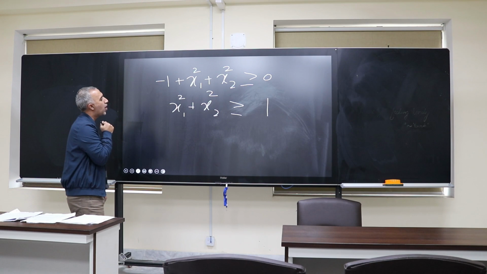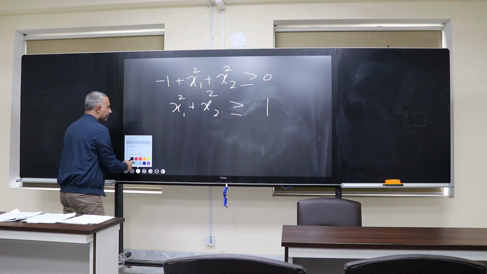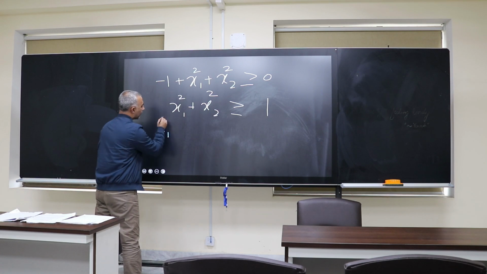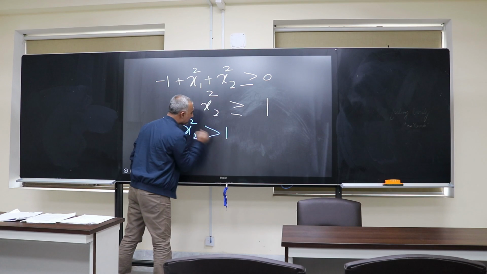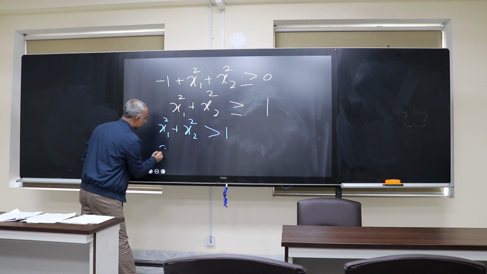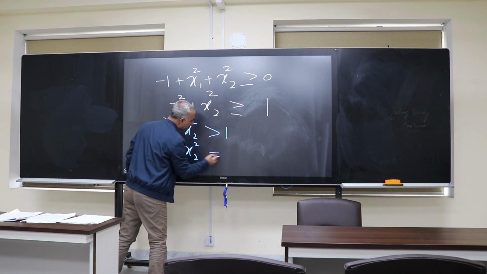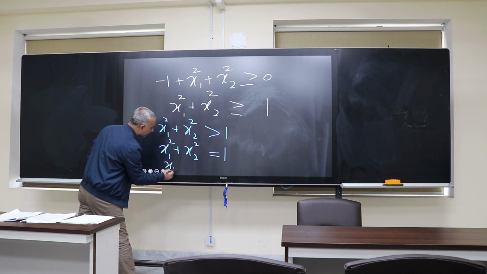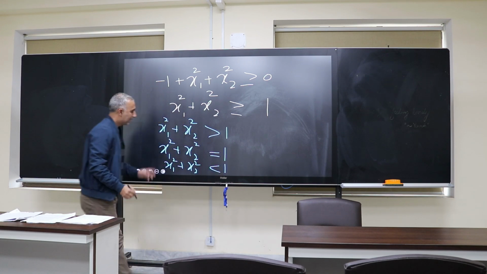So now this shows what? This shows 3 possible scenarios. First one, x1 square plus x2 square greater than 1. The other scenario is x1 square plus x2 square equal to 1, and this one x1 square plus x2 square less than 1.